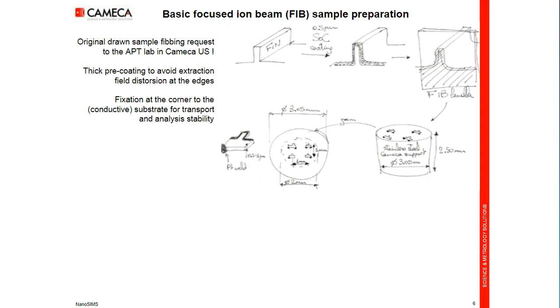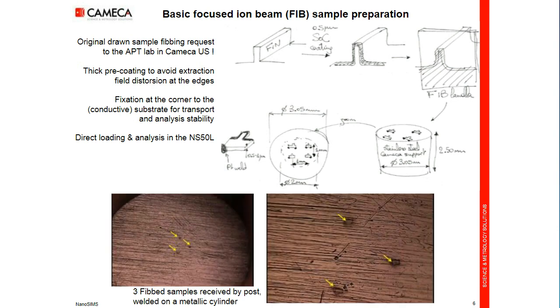We had some problems before. If you do not fix it on the surface, it can fly. And then this type of cross-section can be directly loaded in the load lock of the NanoSIMS and analyzed directly. And this is what I received by post, 3 FIB samples welded on the top, on the surface of a metallic plate.